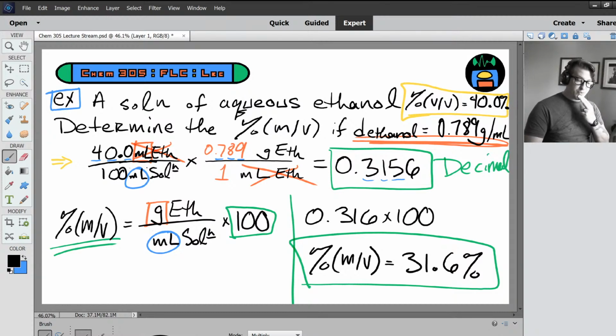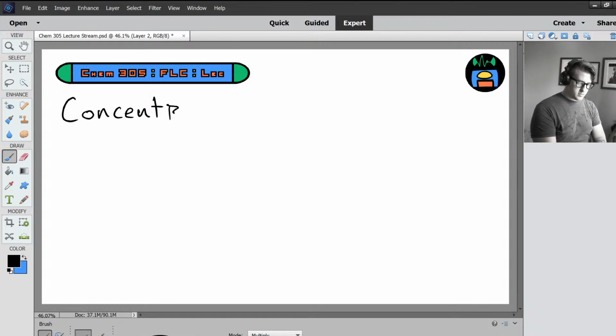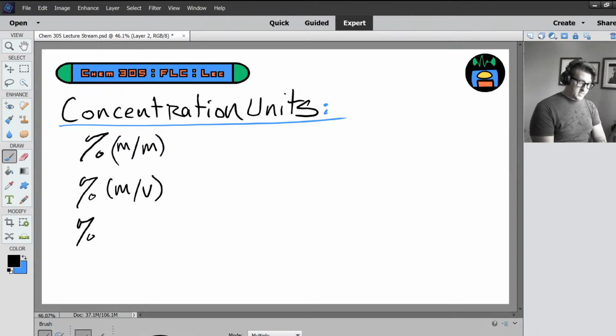So as of right now, we have learned several concentration units. Just by way of review, we know percent mass to mass, percent mass to volume, and percent volume to volume, right?